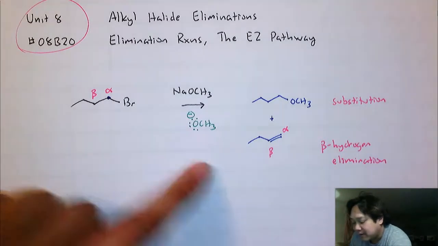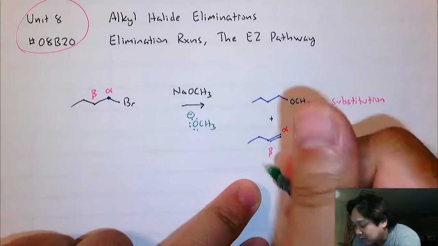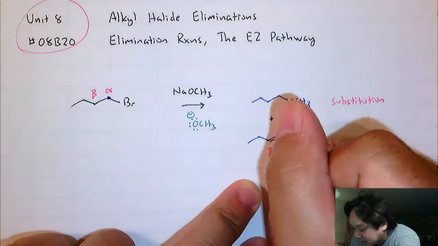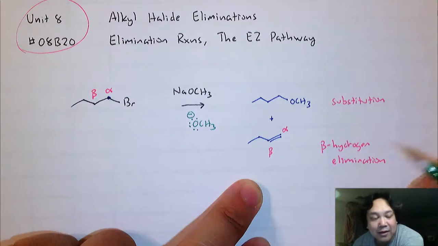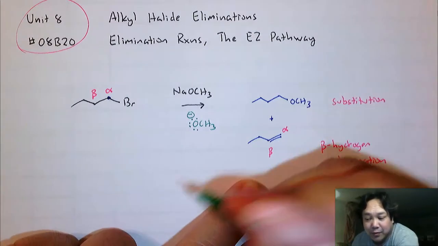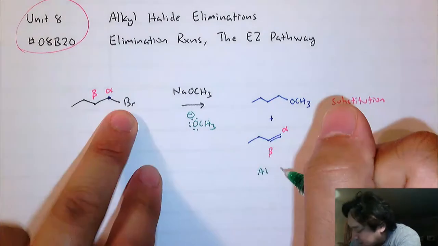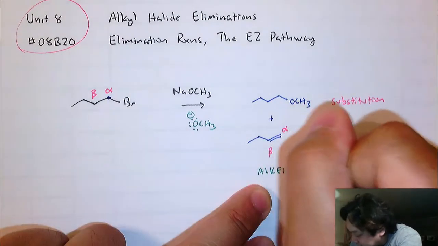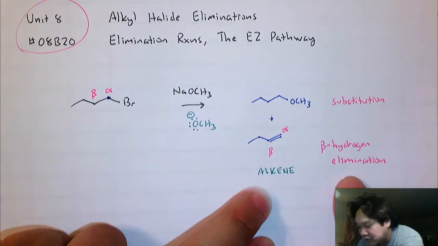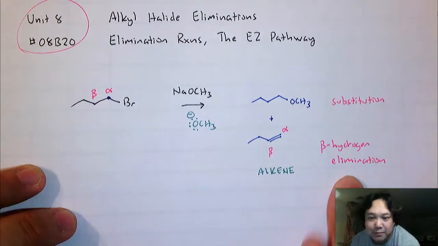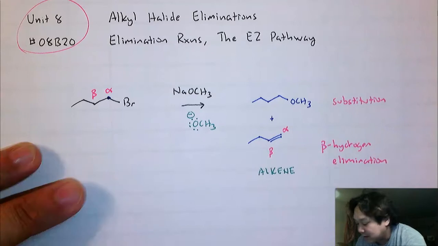Now, when you have an elimination, you're almost always making an alkene. Sometimes you'll be making an alkyne, which is a triple bond, but we haven't reached that unit yet. So if you see an alkyl halide and it goes to an alkene, you did an elimination reaction, and specifically you did a beta hydrogen elimination with a base.